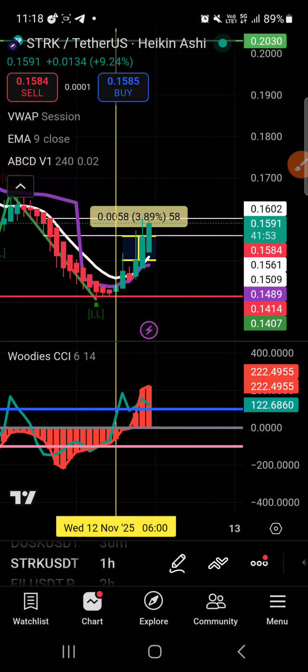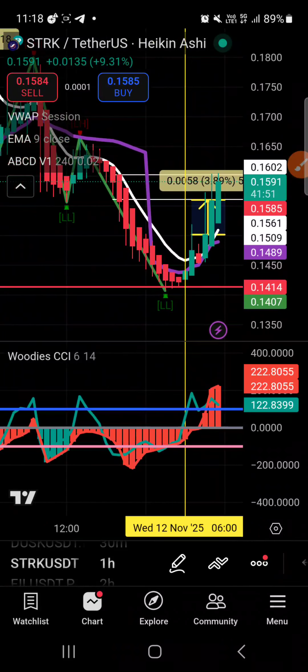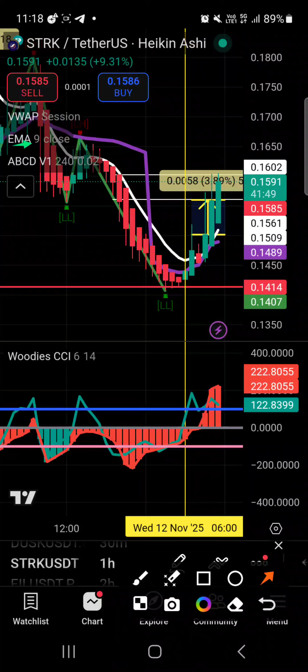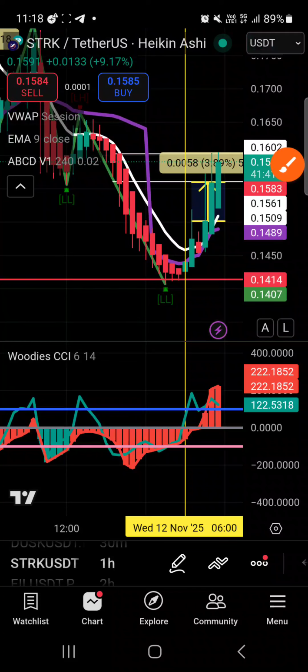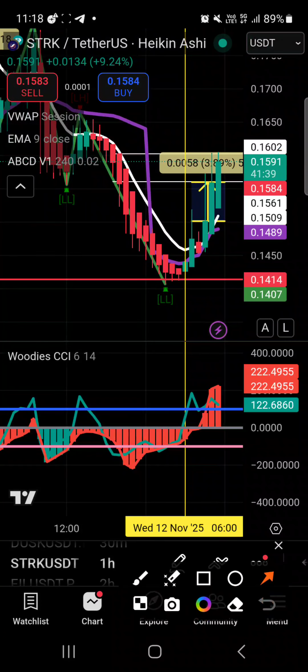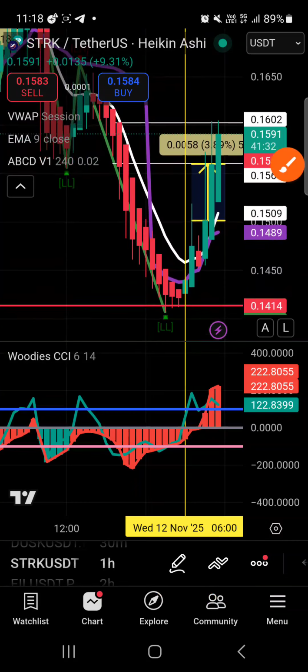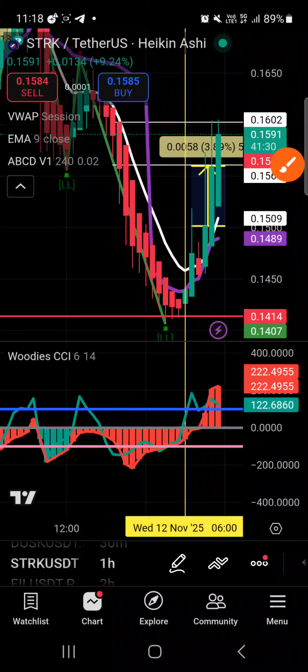Secondly, you see this indicator called the ABCDV1, together with the moving simple average and the VWAP. When you draw your line, because in the morning when I came here this was on the lower low, you check the lowest area of the coin.